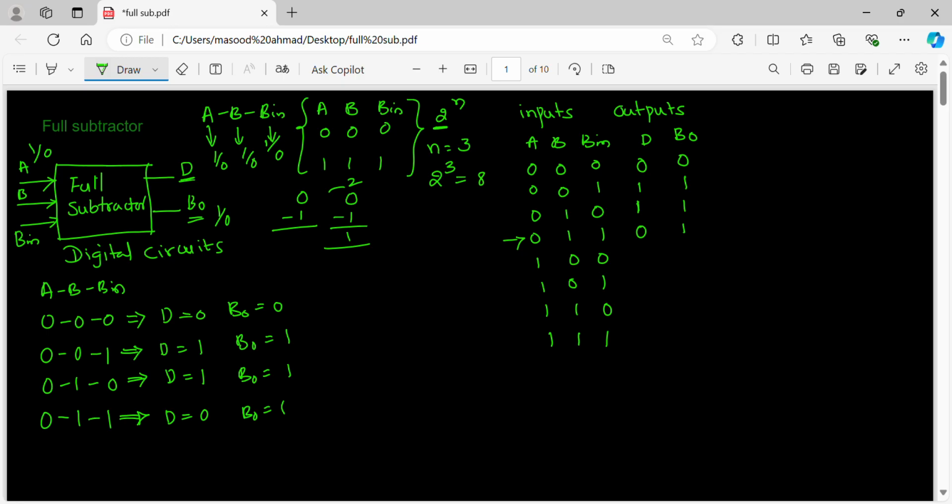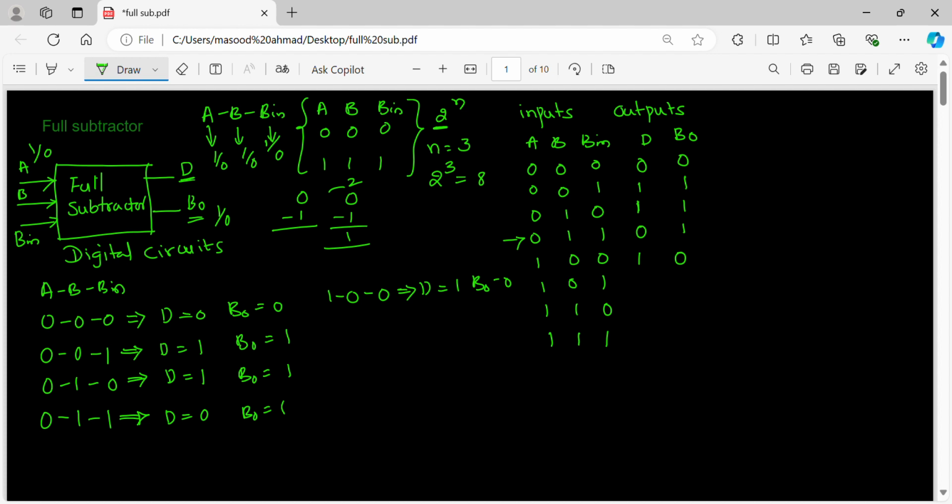Next, let's look at the case 1 minus 0 minus 0. 1 minus 0 is 1, then 1 minus 0 is 0. So difference is 1, but borrow is 0.